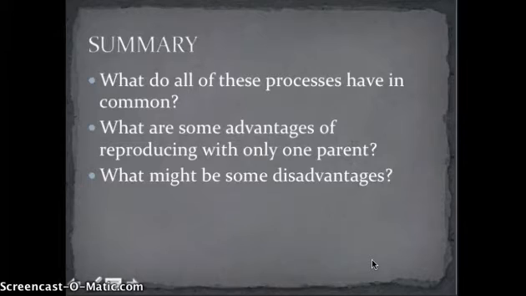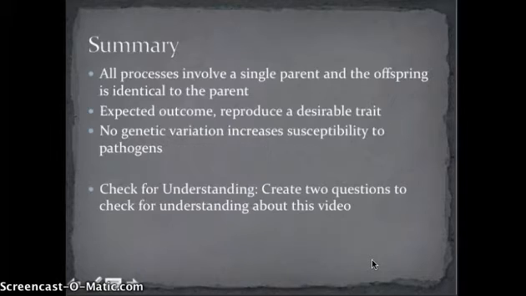Okay, so I guess you're ready to check your answers. For the first one, what do all these processes have in common? Well, all of them involve a single parent, and the offspring is identical to that parent. And for the second one, some advantages: there are expected outcomes to reproduce a desirable trait.